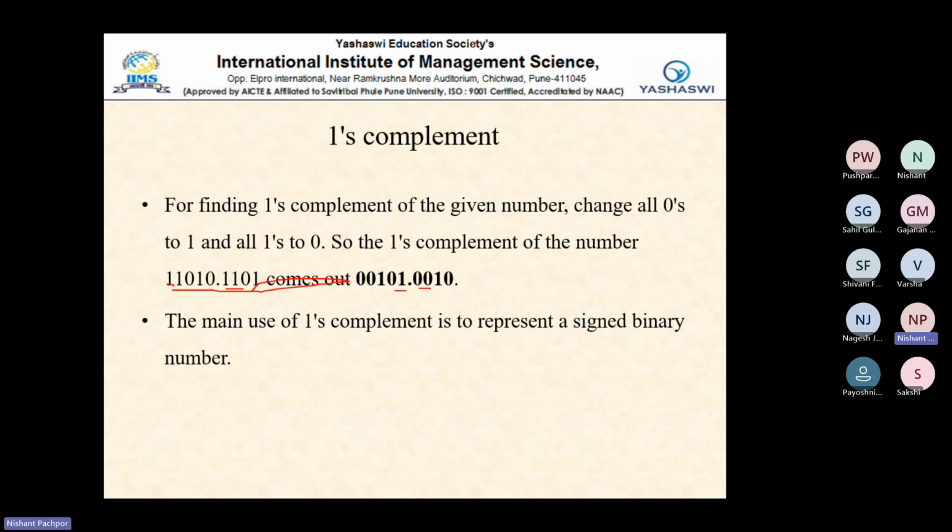The main purpose of ones complement is to represent signed binary numbers. The last bit shows the sign. A positive number can be converted into a negative one, and a negative number can be converted into a positive one, when working with signed and unsigned numbers.